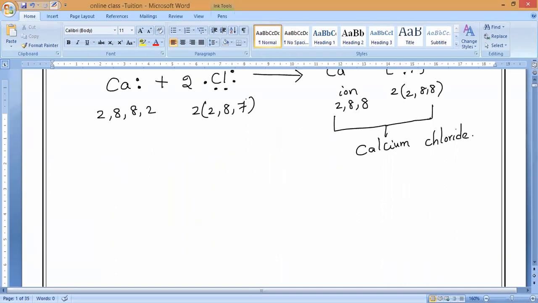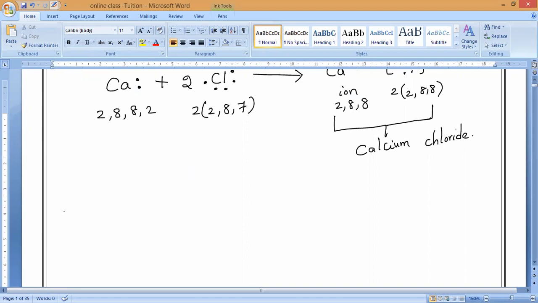Okay. Here if you observe, the positively charged calcium ion and the negatively charged chloride ions are held together. And what force is present here? Electrostatic force of attraction. That is why this is called an ionic bond, formed between a positive and a negative ion.